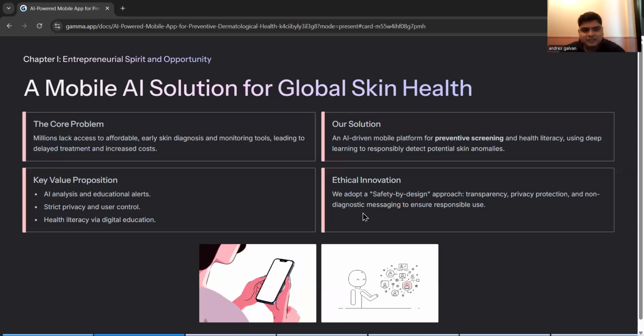This challenge inspired us to create a mobile application for everyone. It is a mobile application powered by artificial intelligence, a tool designed to help users identify potential skin issues. It is a scanner that interprets anomalies, trying to encourage patients toward preventive awareness.